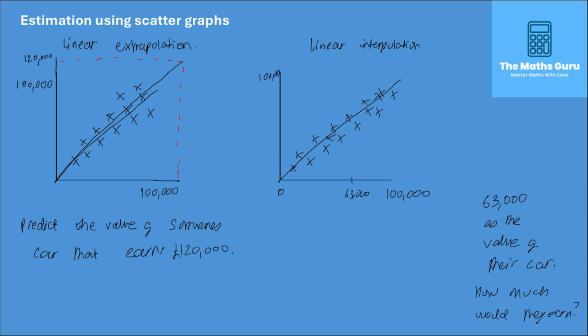And also, I forgot to mention, imagine these points go up in 10,000. So 63,000 will not be plotted as a point on this graph. So there's no way of actually estimating how much it will be worth. We draw our line up here to our line of best fit, draw it across, and that looks about 70,000.